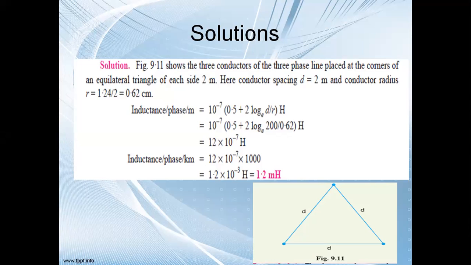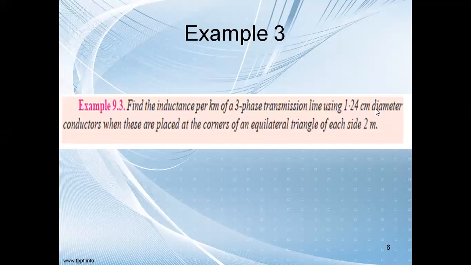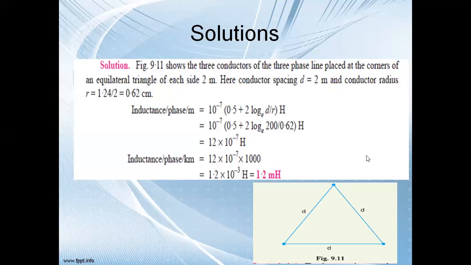So D equals 2 meter and r equals 1.24 by 2, since this is the 1.24 centimeter diameter. That means it is 0.62 centimeter. If you substitute this value, you will get the inductance per phase per meter.